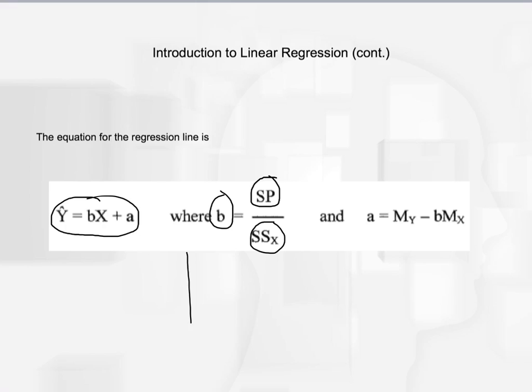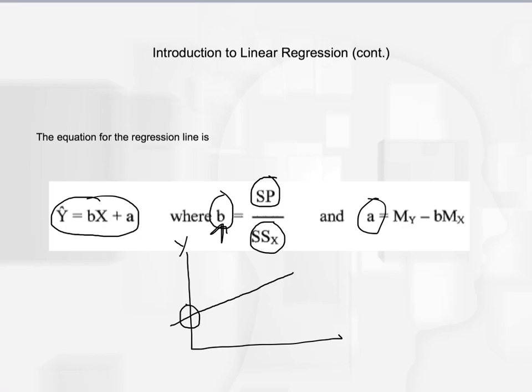So we know the slope of the line from b, but then in order to determine exactly where that line is, how to draw that line, we have to know a, which is where it crosses the y-axis. So let's say that this is a slope, and this is a, the exact point where it crosses the y-axis.